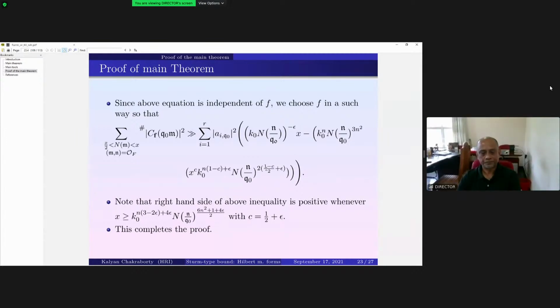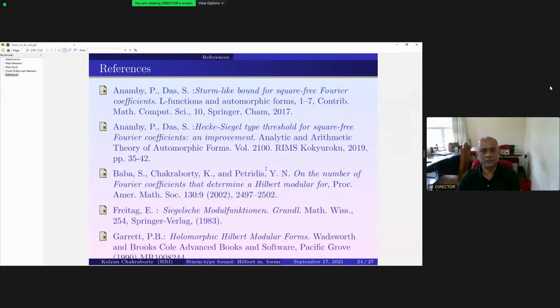But if one is interested, one can have a look at the paper which is already published. And let me give you some of the references that I had used. That was the paper of Das and Anambi, those two papers that I was looking at. There's some other work I did long back with Petri Yanis and Srinath Baba when I was a postdoc there. This was for Siegel modular form. It's already known, this result.